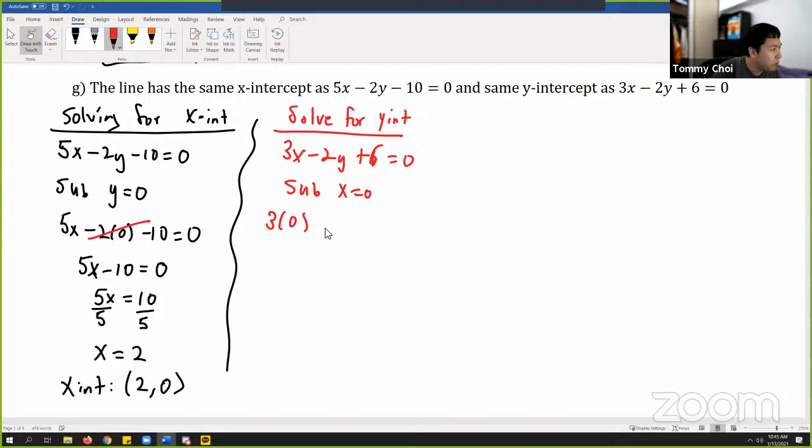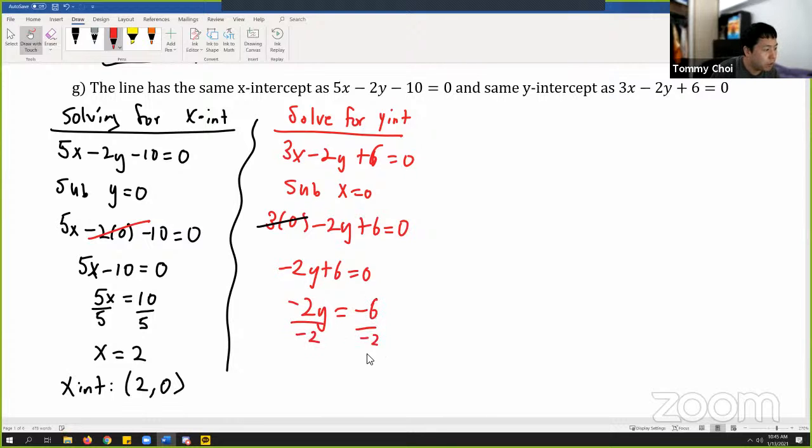In doing so, I get 3 times 0 minus 2y plus 6 equals 0. 3 times 0 is gone, and we're left with negative 2y plus 6 equals 0. Moving the 6 to the other side, I will get negative 2y equals negative 6.